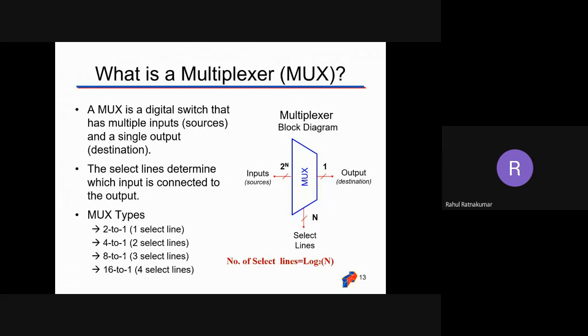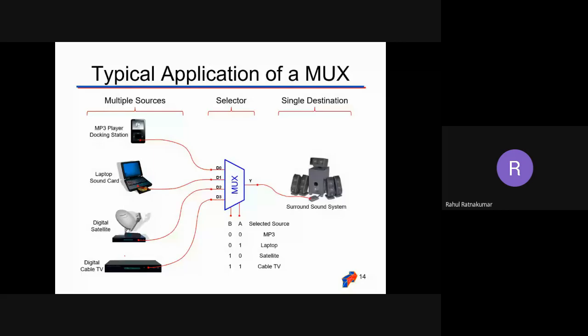So what is a typical application? Whenever you think of a multiplexer, think that you have some songs stored in your MP3 player, laptop, satellite TV, pen drive, flash memory, whatever. Among the different options, you have to select only one option at a time because you have only one output, a surround system, one speaker.